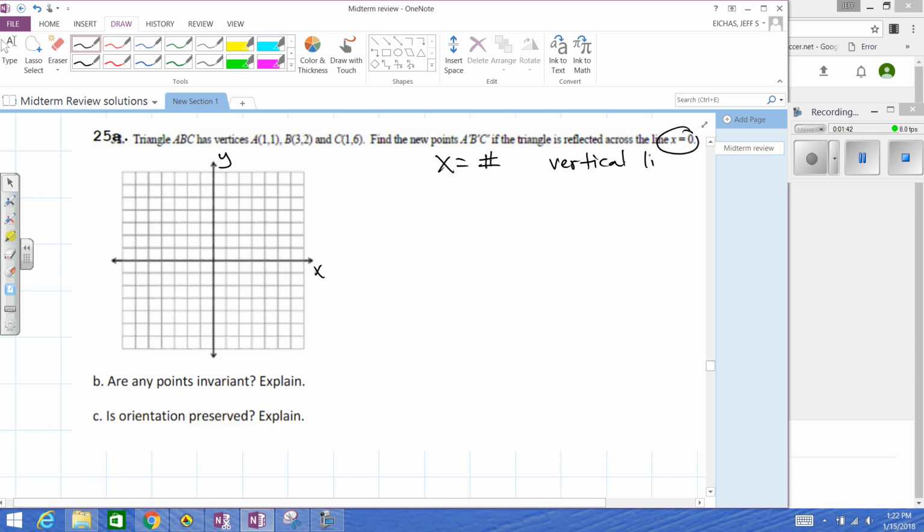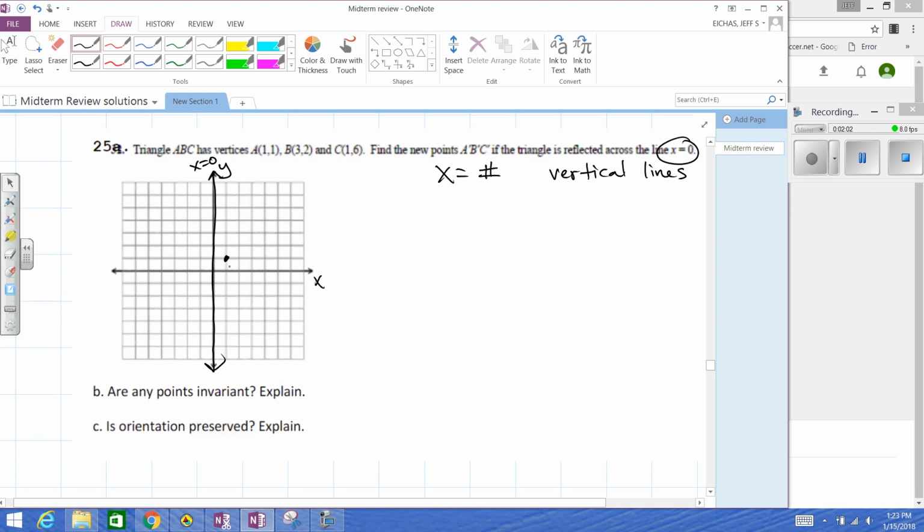Every point on the line has an x value of 0, so that's the equation that describes that line. It makes sense. So we'll start graphing 1, 1, 3, 2, and 1, 6.